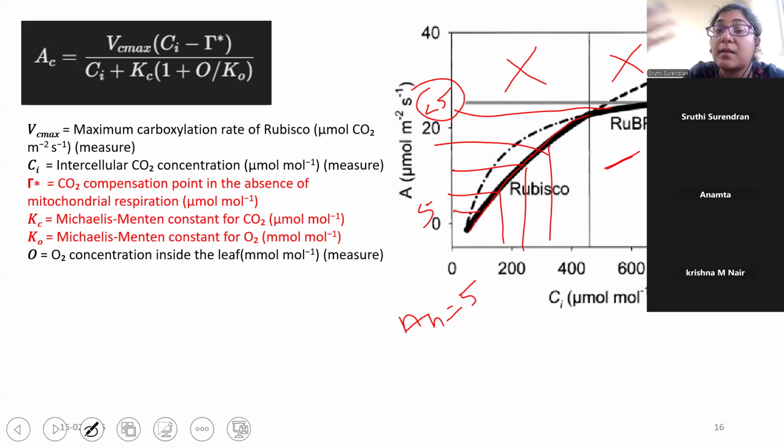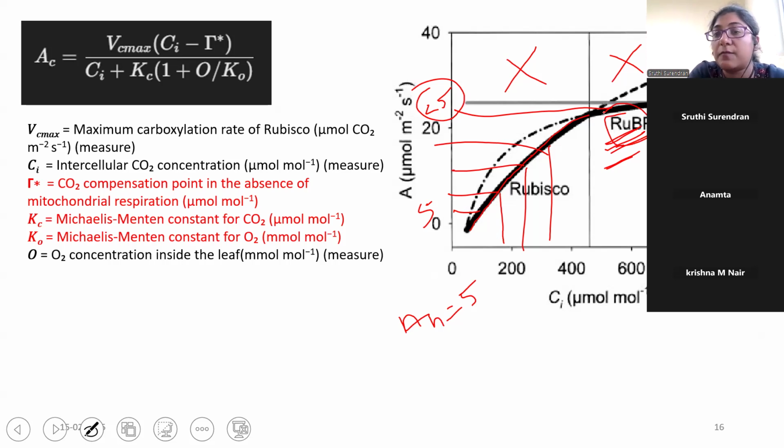That is, how fast or how slow RuBP is being regenerated, which is a function of light. Electron transport is what gives the energy for RuBP regeneration. So how fast or how slow the electron transport is, as a result of which RuBP regeneration is being impacted, is what we can understand from this value of net photosynthesis.